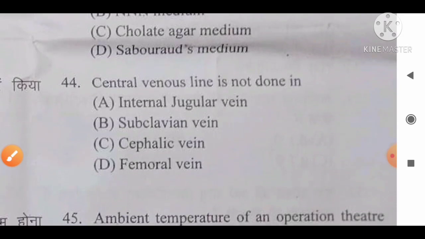Move to the next question number 44. Central venous line is not done in: option A, internal jugular vein; B, subclavian vein; C, cephalic vein; D, femoral vein.